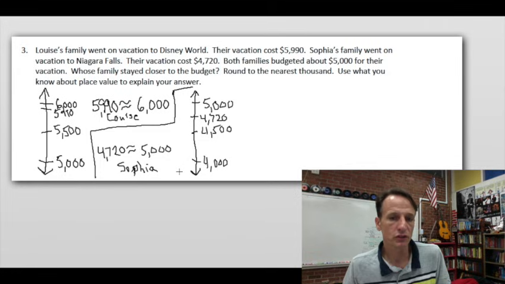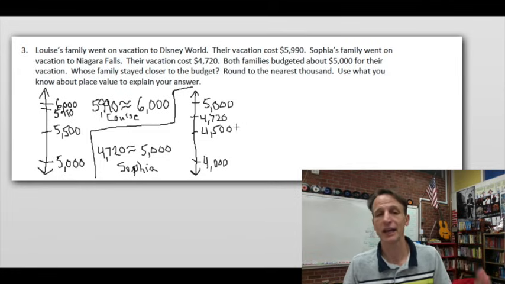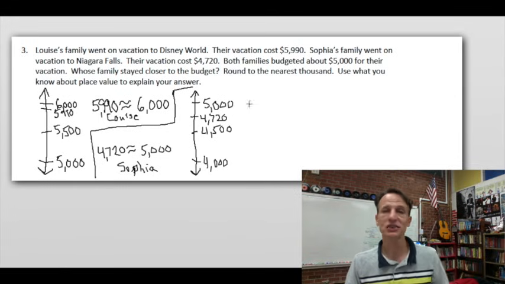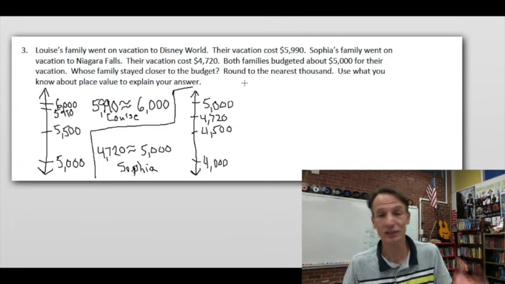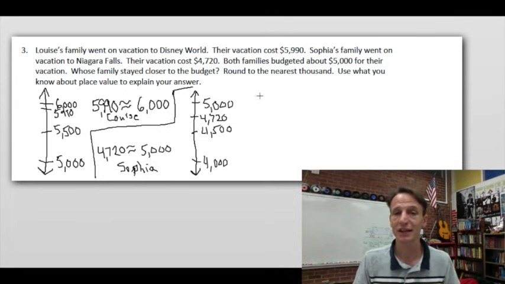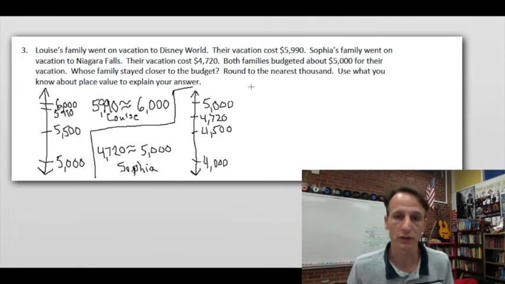So who stayed closer? Sophia. Note, you always have to actually say what your answer is. The question is, whose family stayed closer to the budget? You have to actually answer that question. Everything we just did does not answer the question. It doesn't. You actually have to say what your answer is. You have to speak up and say, this is my answer. And we're going to do that in writing.